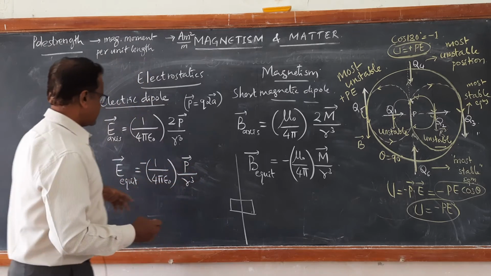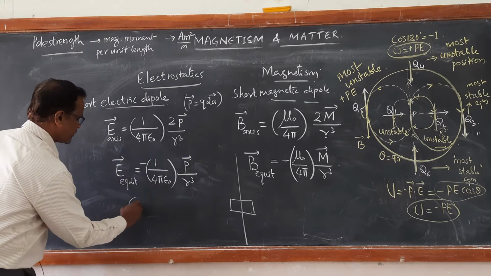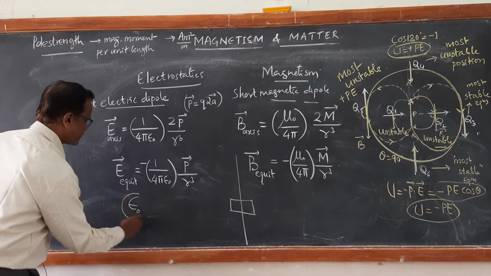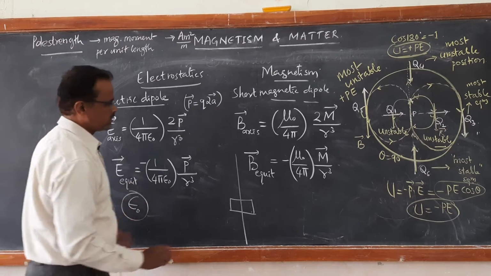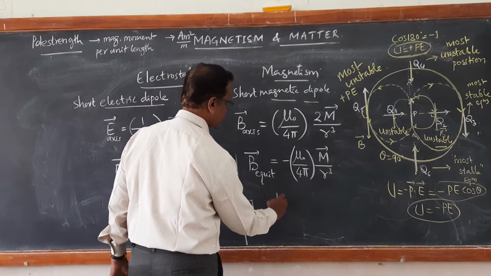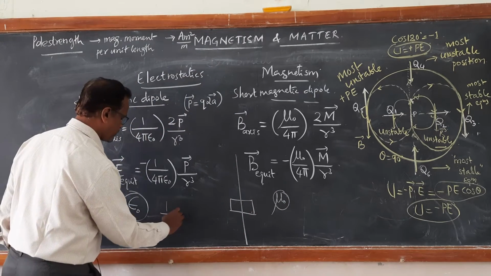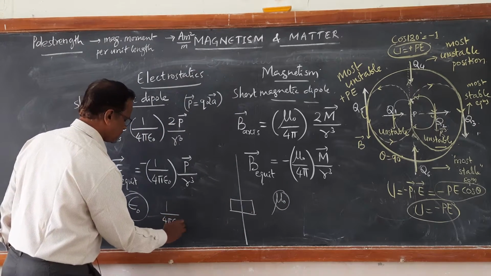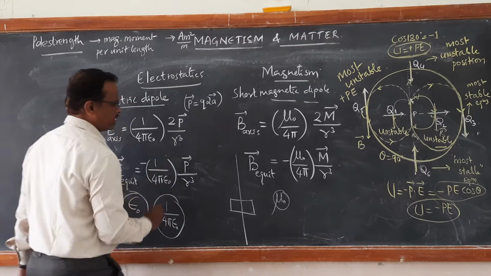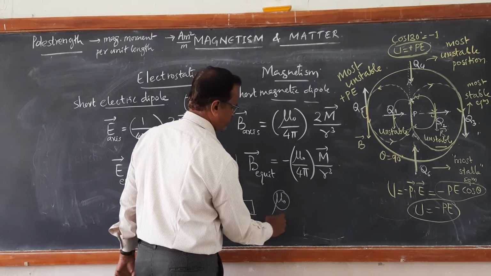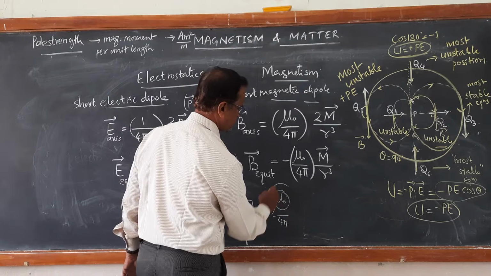Here, the permittivity of free space is epsilon naught, and the permeability of free space is mu naught. The constant here is 1 upon 4 pi epsilon naught, and here it is mu naught upon 4 pi. That is the difference.